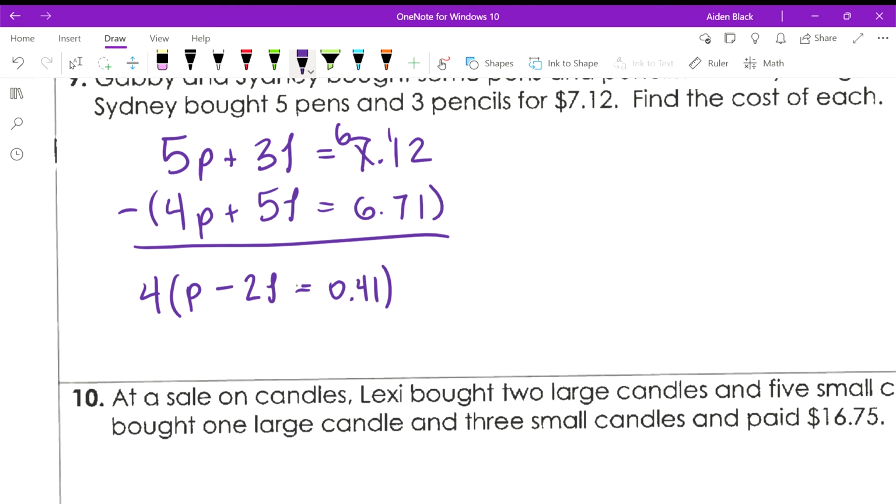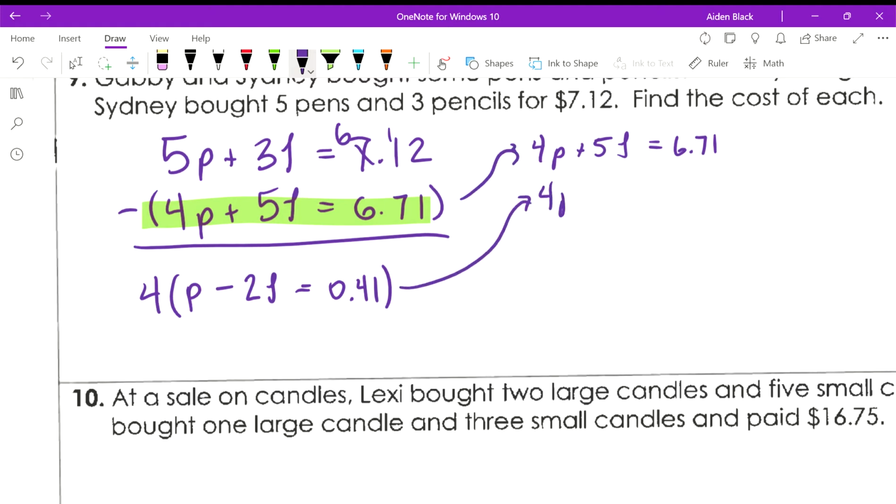That way I can take this first equation, rewrite it, 4p plus 5l equals 671, and then subtract it from this equation, which is 4p minus 8l equals, and then I need to multiply 4 to 41. So I should have $1 and what would that be? 64 cents.